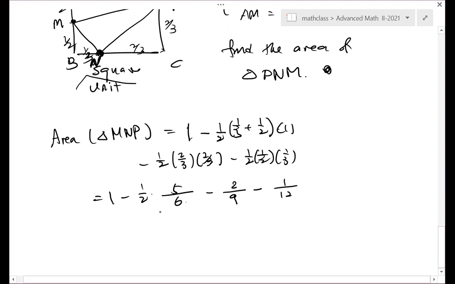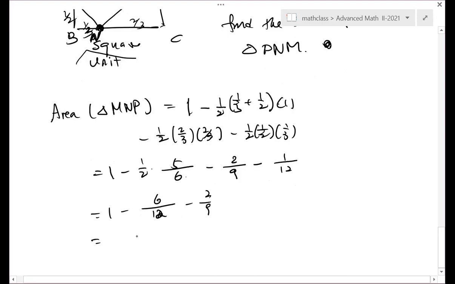Let's look at these two numbers: 5 plus 1 is 6, so it's going to be 1/2. Then 1 minus 1/2 is 1/2. Then I combine them: 9 minus 4 over 18. If my computation is correct, it's 5 over 18.